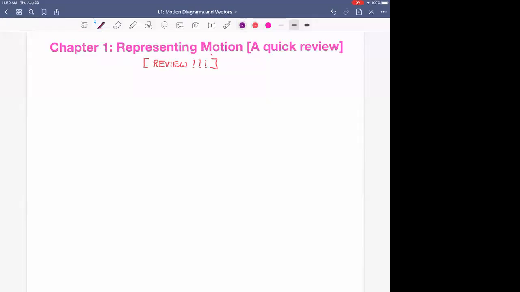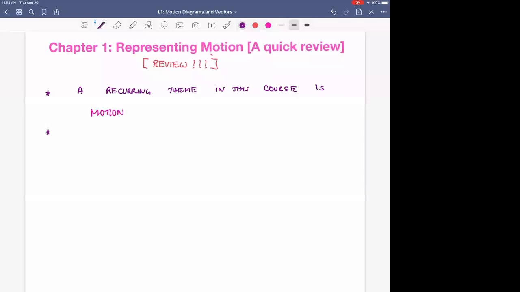But before we get to that, let's just introduce the subject that we are going to be discussing. As the title suggests, we're talking about motion. So a recurring theme, in fact, in this course, is going to be motion.